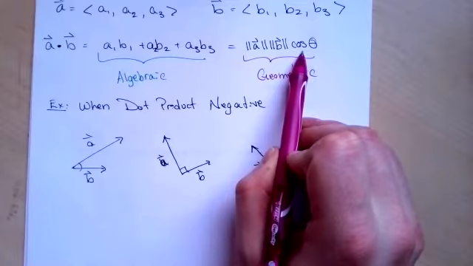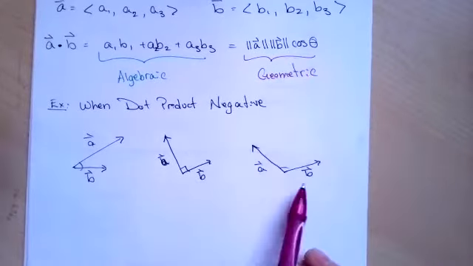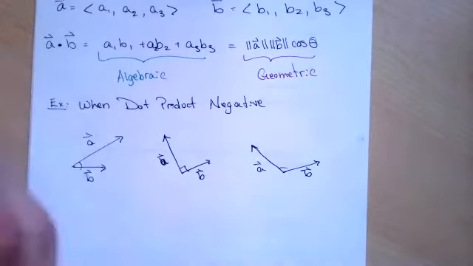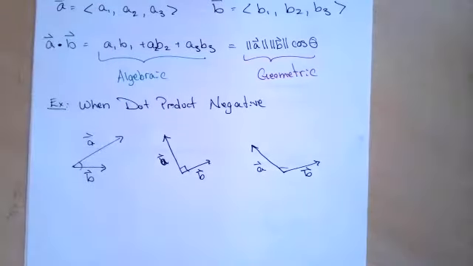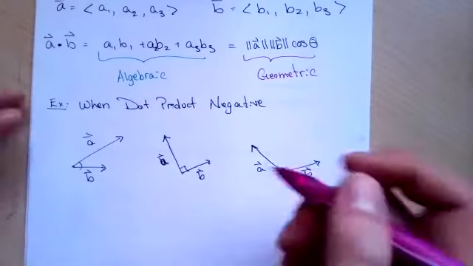So when is cosine going to be negative? It's going to be negative whenever the angle between them is bigger than 90 degrees. Cosine is positive in the first quadrant of our trig Cartesian coordinate system, and it's negative in the second quadrant. So anytime the angle is pi over 2 to pi, it's going to be negative.